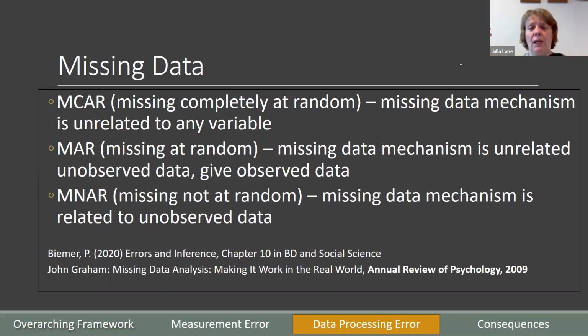So the challenge here is that if I don't adjust for that non-response, I am going to run into problems with a bias because those subgroups are not going to be adequately captured.